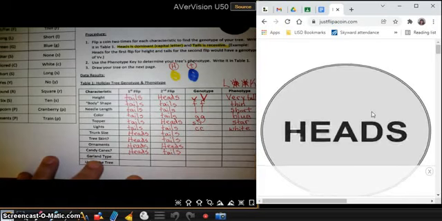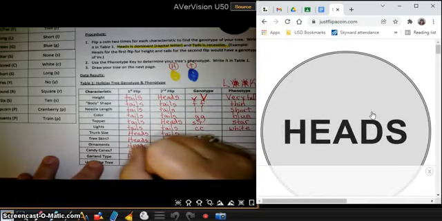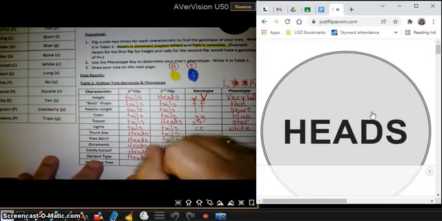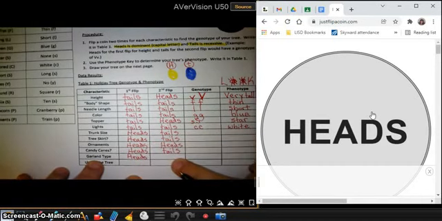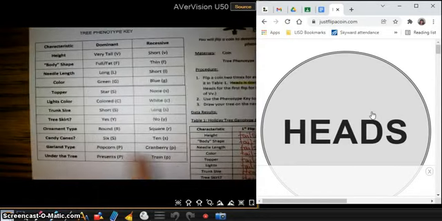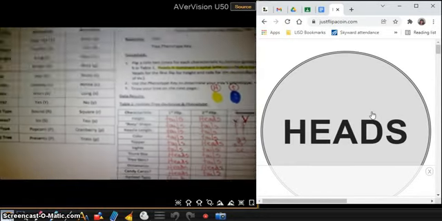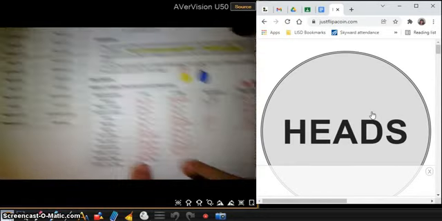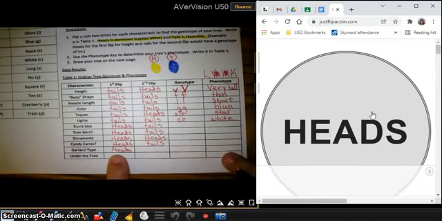Garland type, heads. Now, without even flipping the second time, garland type, popcorn is dominant, cranberry is recessive. If I know I have one dominant, could I also figure out my phenotype? If I have a dominant for popcorn, I'm going to have popcorn.